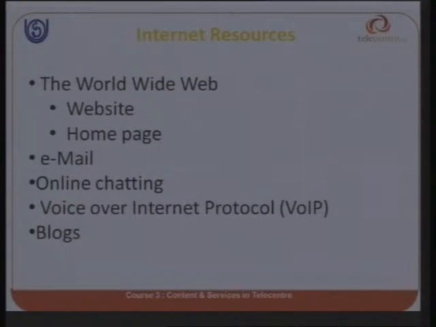For example, on the IGNOU website, there are plenty of subdivisions, such as the School of Continuing Education, the Centre for Extension Education, and the School of Social Sciences. All these divisions have their own web pages, and collectively they are called the IGNOU website. So when you type ignou.ac.in, it leads you to the home page of IGNOU, where you can see the different pages that give you the information. Let's go to the next resource, which is email.